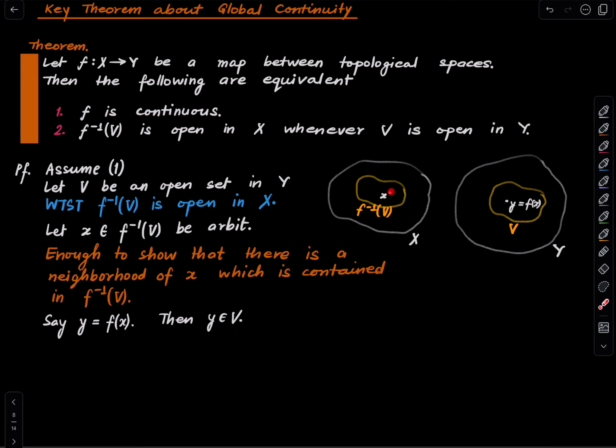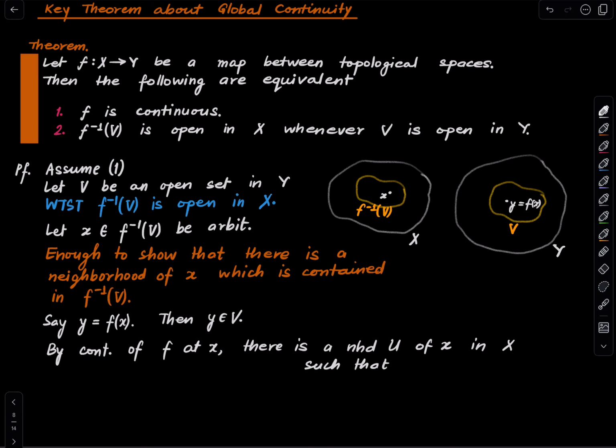Since f is continuous at x, and V is a neighborhood of f of x, by continuity, there is a neighborhood of x such that the entirety of this neighborhood maps inside V. So by continuity of f at x, there is a neighborhood u of x such that f of u is contained in V, right?